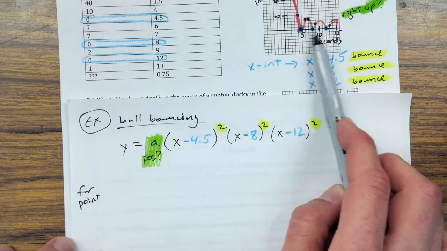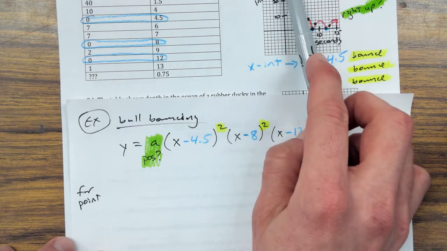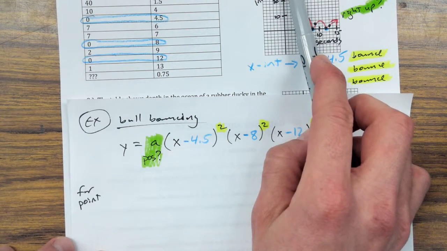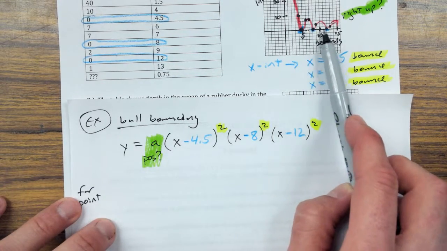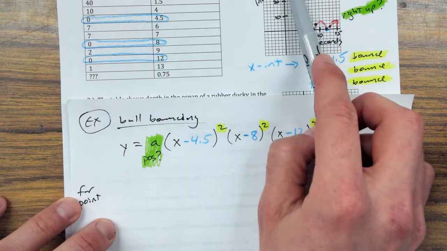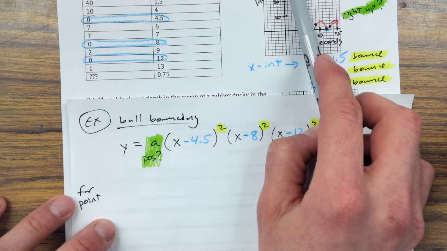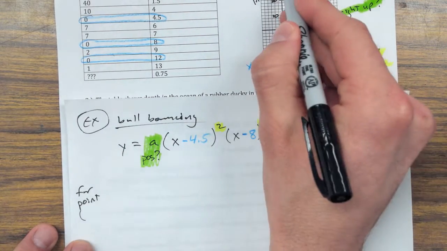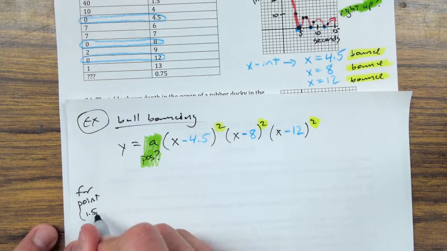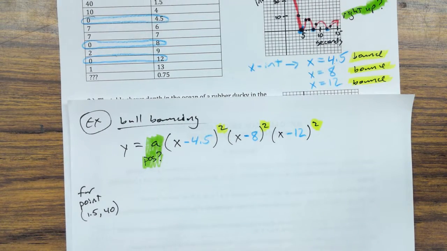The furthest point from all these x-intercepts turns out to be this one. Even though it is on the left and it was the first dot, if I look at all 3 x-intercepts, this one is the furthest one away, technically speaking. Okay, so the far point here is going to be that first one, which was 1.5, comma 40.